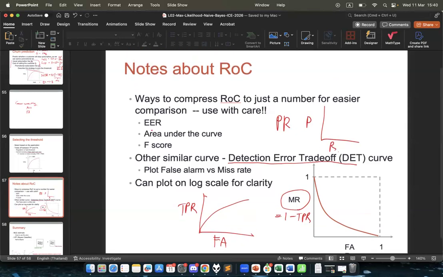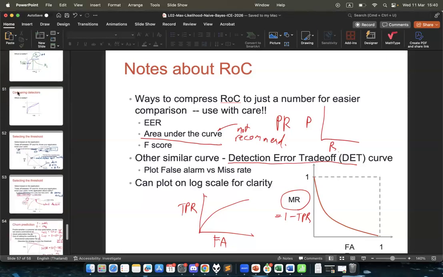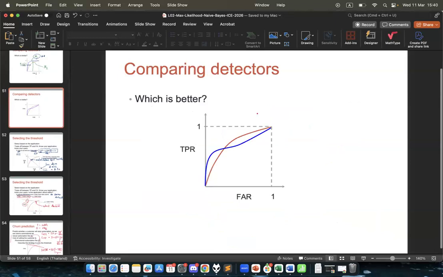Other things that people might use is the area under the curve. I usually don't recommend this as a metric at all, because it hides a lot of things, right? Because like I said before, when you are comparing models, you should think about where you want to use your model.